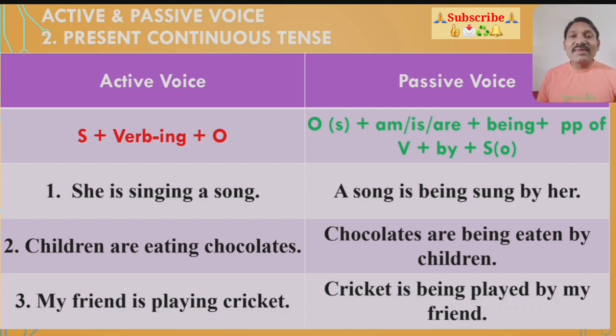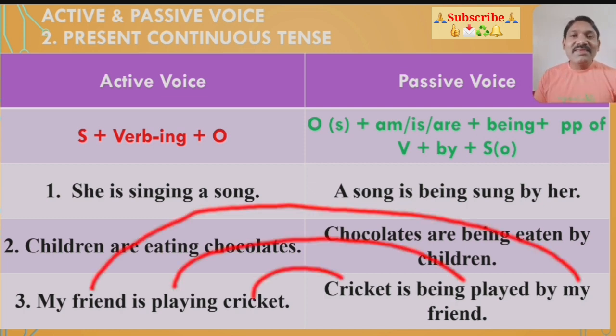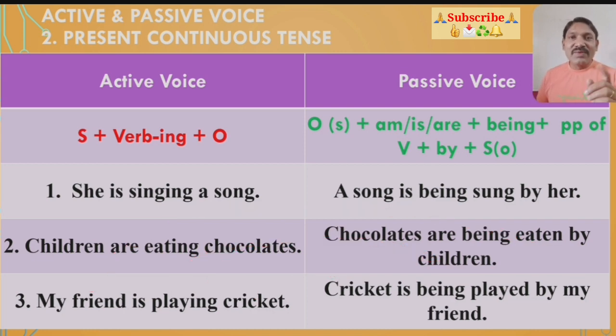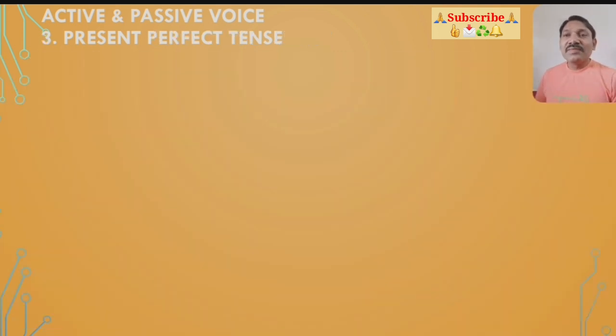In this sentence, my friend is the subject, is playing is the auxiliary verb and verb, and cricket is the object. So we have to change it according to the rule of passive voice. Cricket will become the subject and my friend becomes the object. See now: cricket is being played by my friend. Okay student, have you understood? Very good.